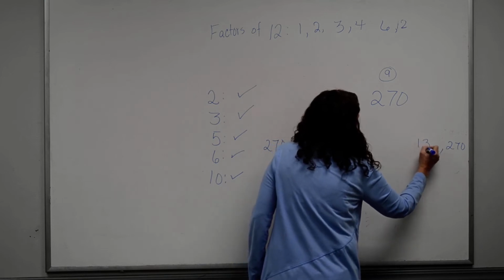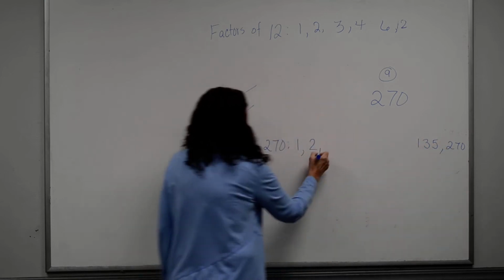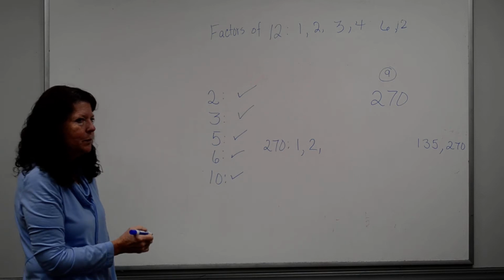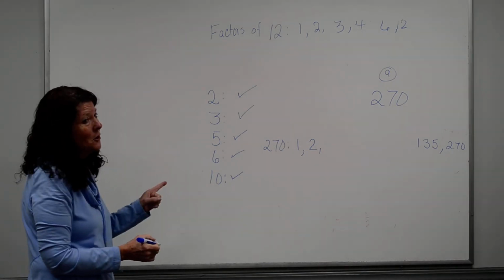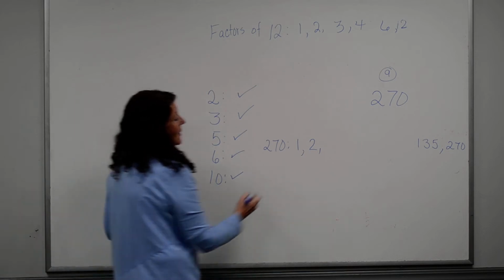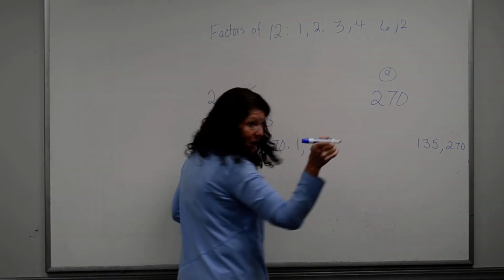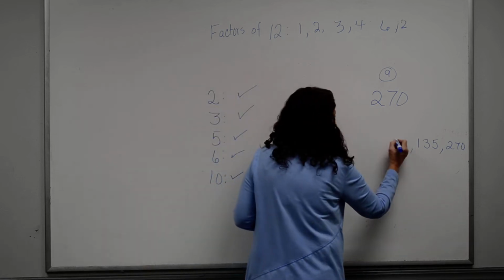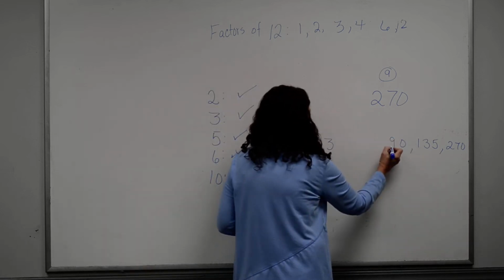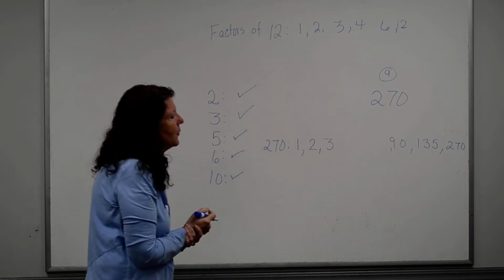So 2 times 135. How about 3? Now 3 you should be able to do in your head. 90. There you go, because 3 times 9 is 27. So 3 and 90. I wonder if 4 will go into it.